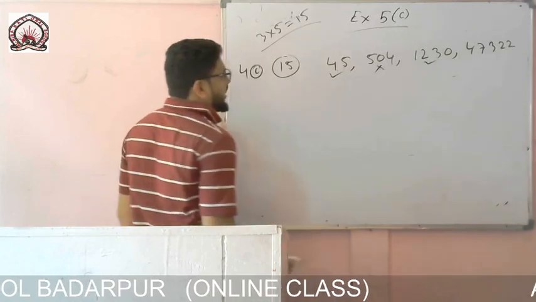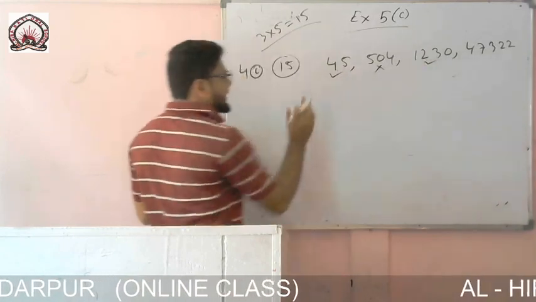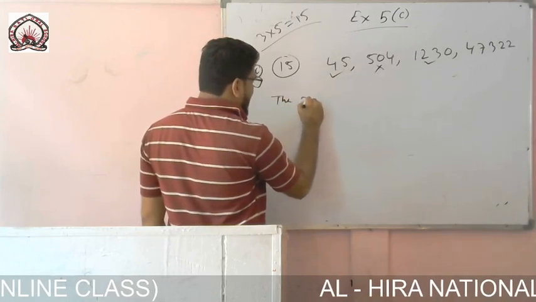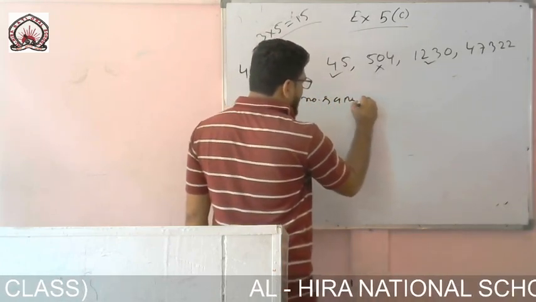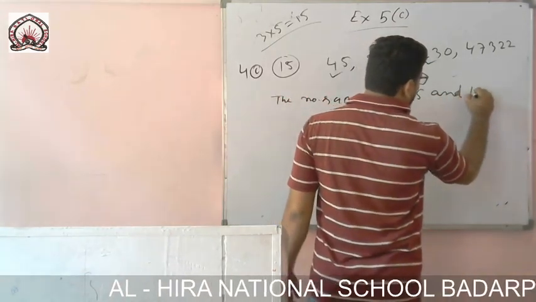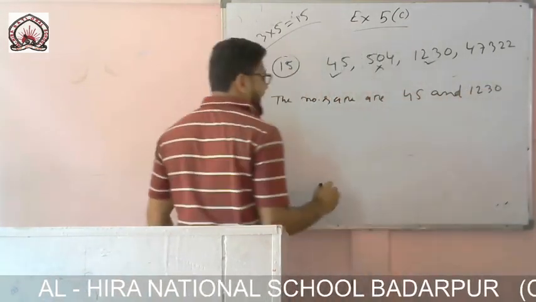So I am writing for this 1, 2, 3, 0. You write for that one. The numbers are 45 and 1, 2, 3, 0.